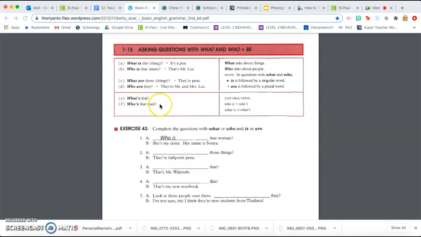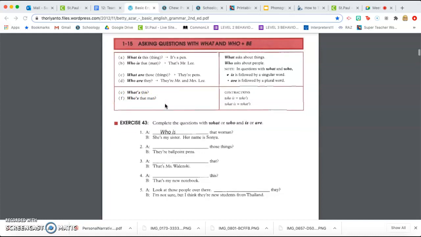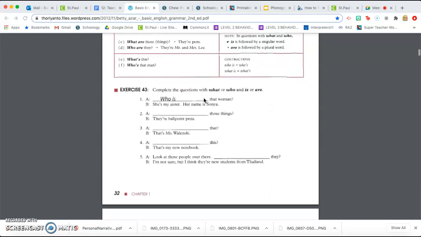Who is that man? So remember, apostrophe s is the same as adding is. Who is that man? Who are those men? What are those books? So remember, is for singular, are for plural.